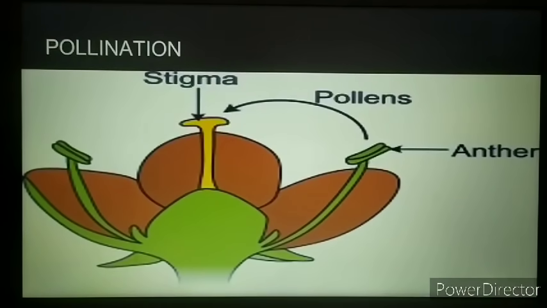Then comes the next question. What is the name of the pollen agents or helpers who move the pollen from anther to the stigma? It is the pollinators like bees, butterflies, wasps, ants, etc.